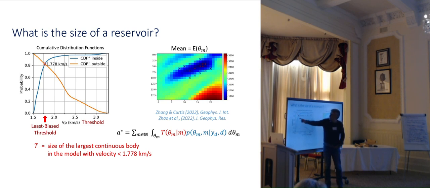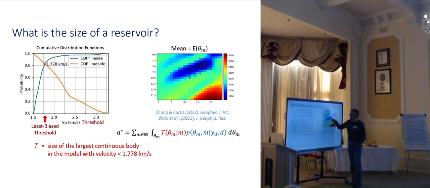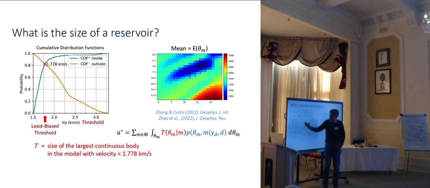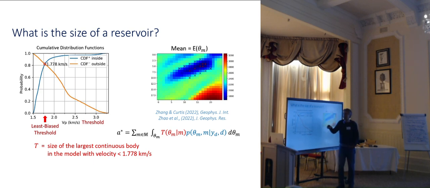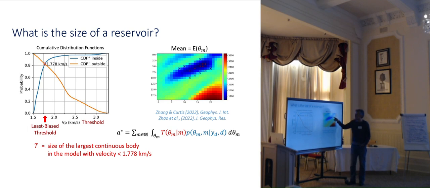This blue one is the probability that at a certain threshold, we will correctly define the inside cells to be inside. So if I put my threshold at 2, I will have about a 0.91 probability that I will correctly define the inside cells as being inside.